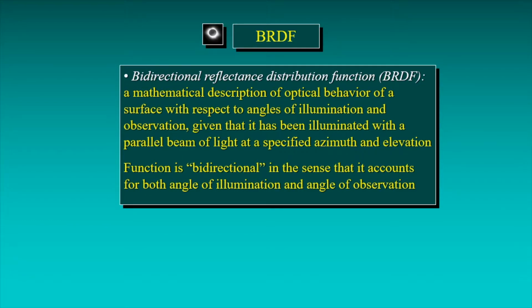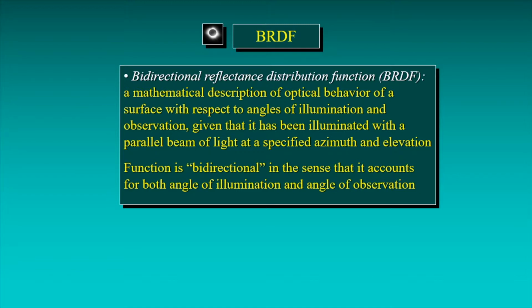So to be specific, we can define the BRDF, the bidirectional reflectance distribution function, as follows. It's a mathematical description of the optical behavior of a surface with respect to both the angles of illumination and observation, given that it has been illuminated with a parallel, or what we might say collimated, beam of light at a specified azimuth and elevation.